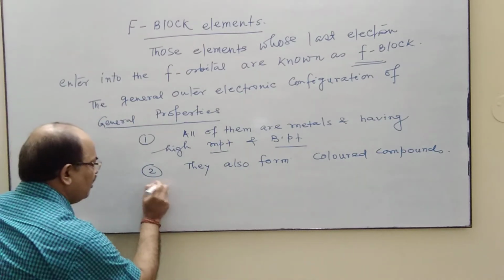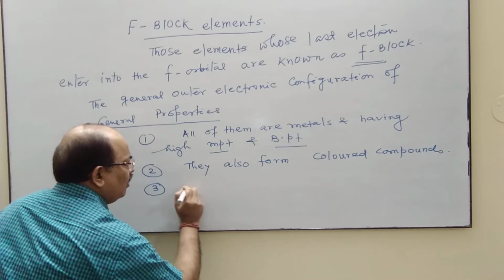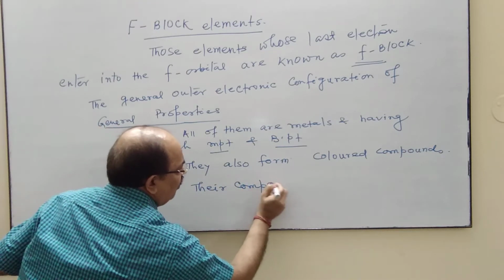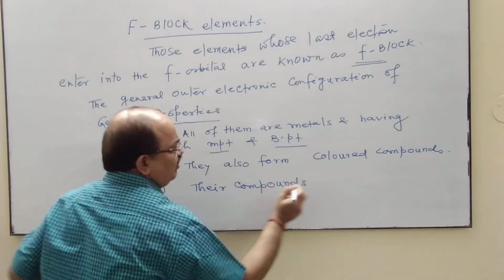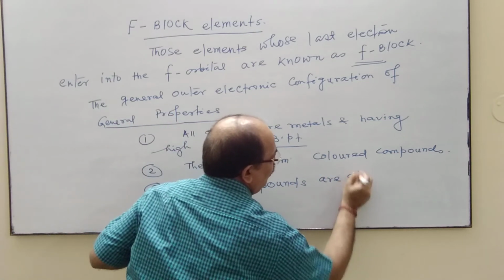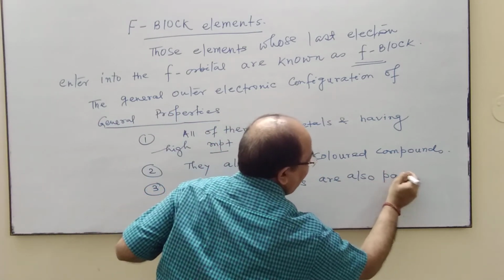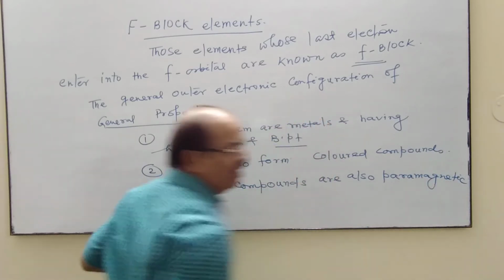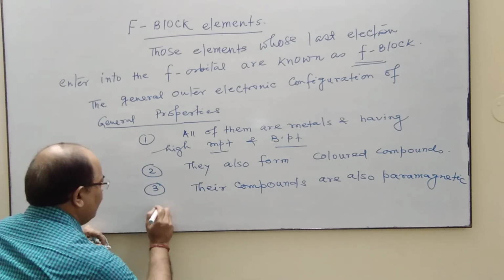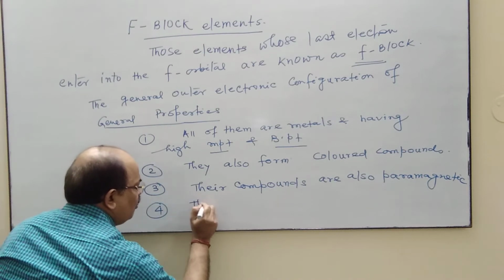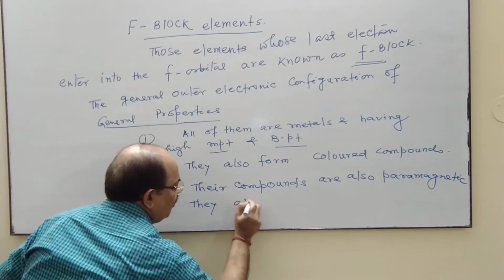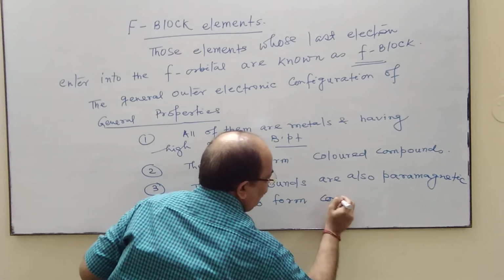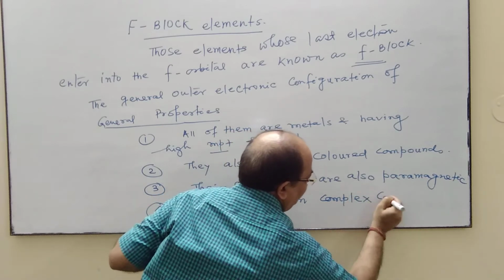Next point, their compounds are also paramagnetic. This we have already discussed in d block elements. They also form complex compounds.